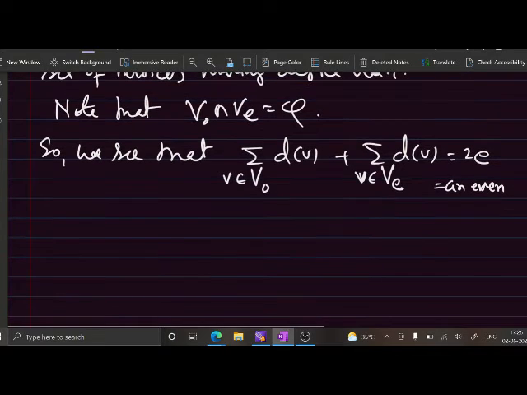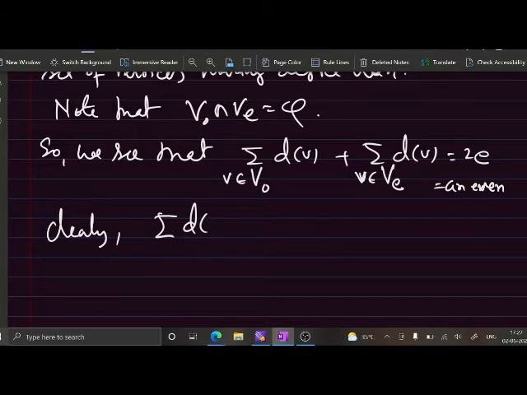Now since VE is the set of all vertices of even degree, their sum must be an even integer. Clearly the sum of dv over all v in capital V must be even.